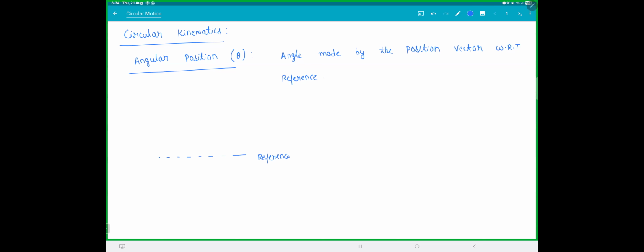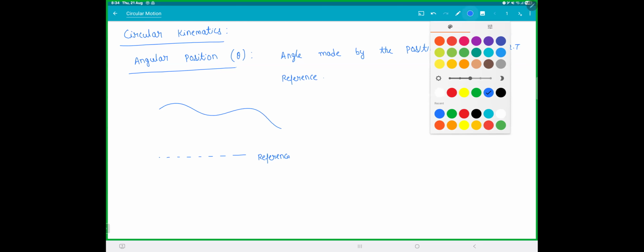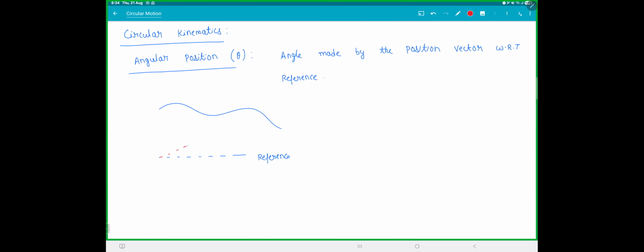And let's say the particle is going in some weird path like this. So if the particle is here going with some velocity, this angle theta is your angle. You're getting it?